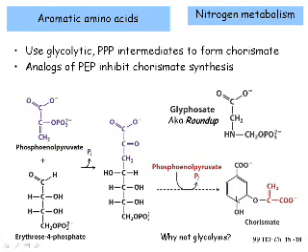So here we have one of the important intermediates into making the aromatic ring. Glyphosate, this molecule, is the generic name for the herbicide Roundup.